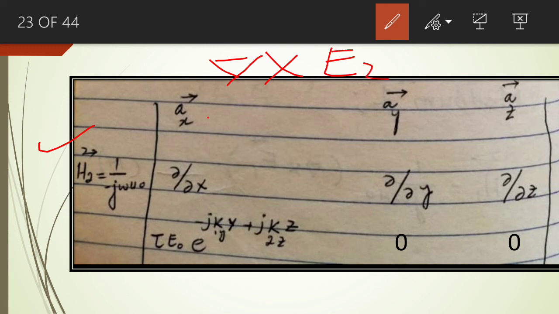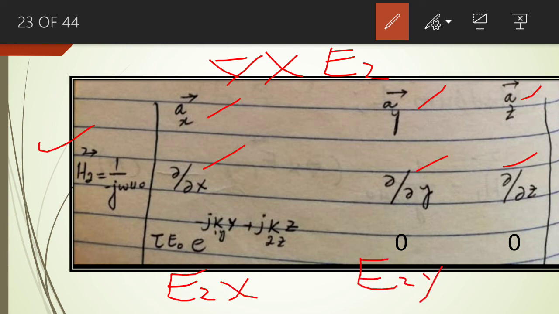So we have the unit vector AX, the unit vector AY, the unit vector AZ in the first row. We have curly by curly X, curly by curly Y, curly by curly Z in the second row. Then we have the X component of E2, the Y component of E2, and the Z component of E2.